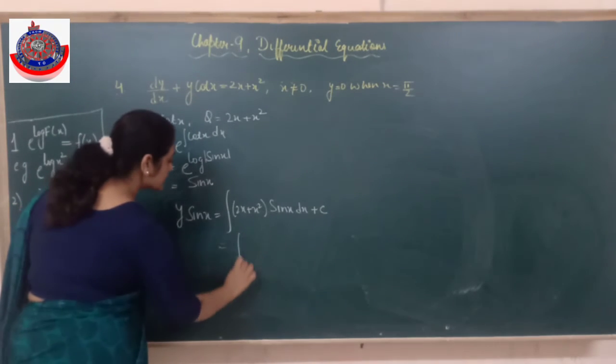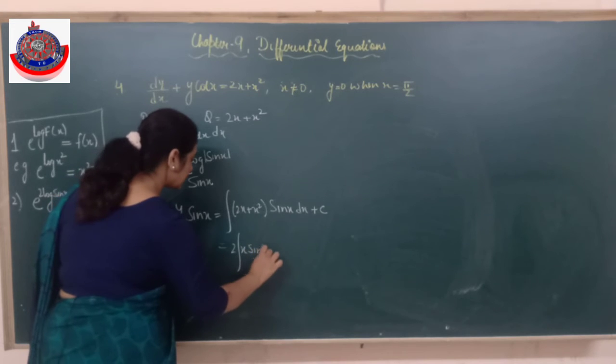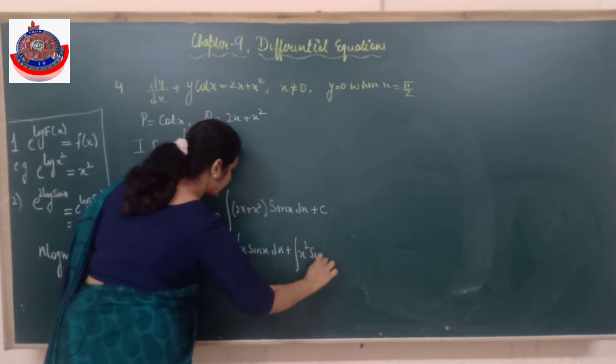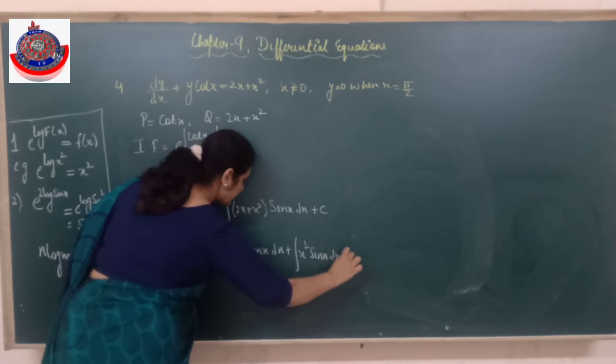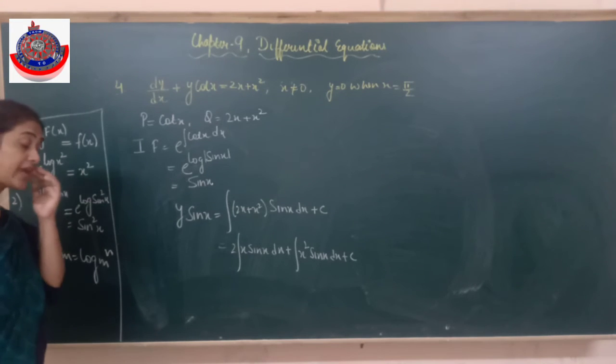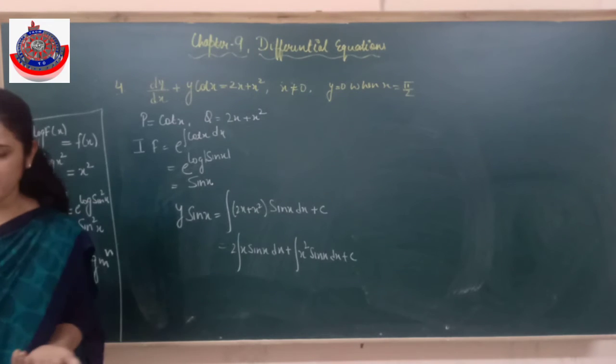So I have two integrals now to integrate. One is 2x sin x dx, and I have to integrate x square sin x dx plus c. Alright, if you want to keep it together, that also you can do. That's your choice. Or let's keep it together only.